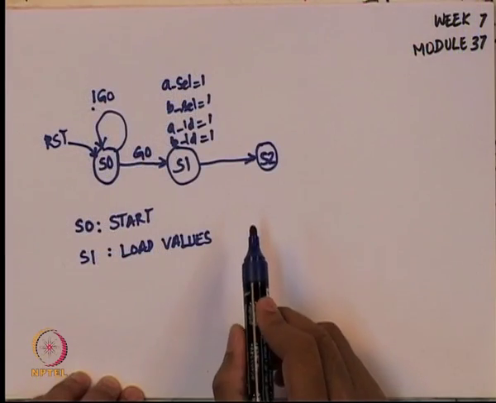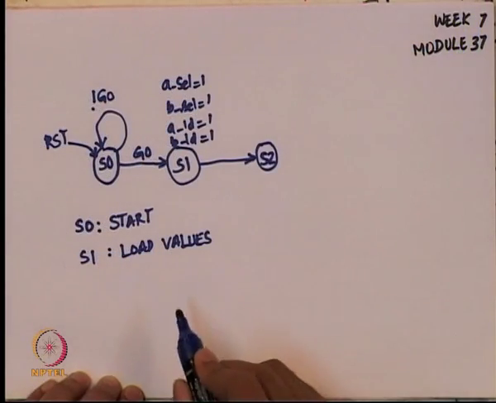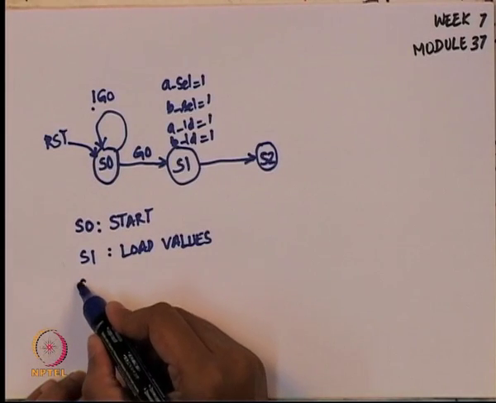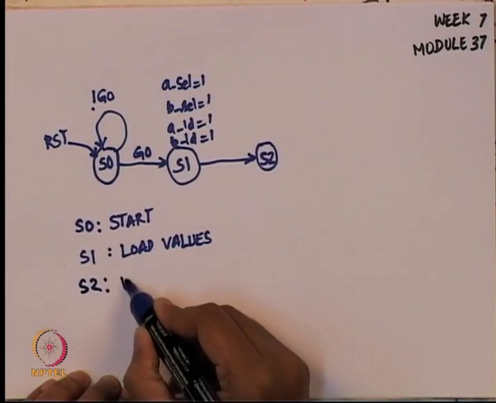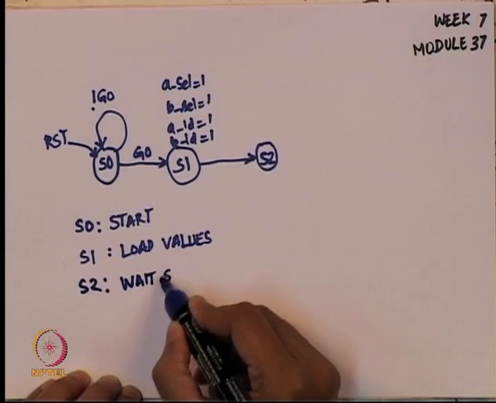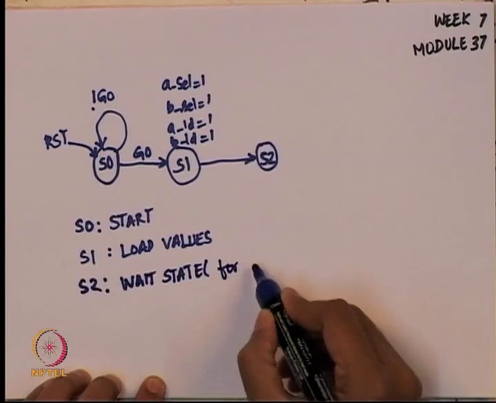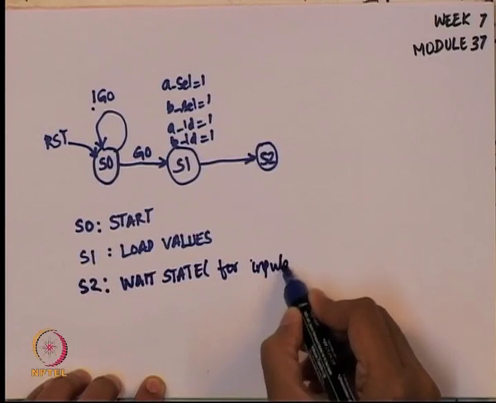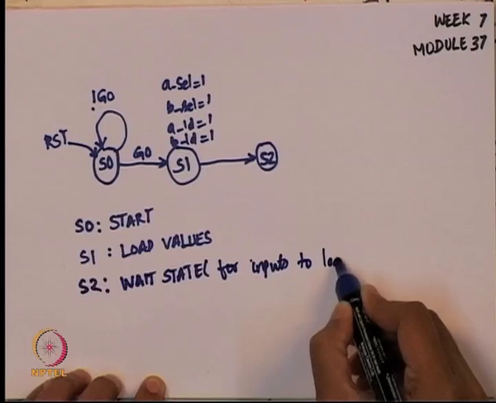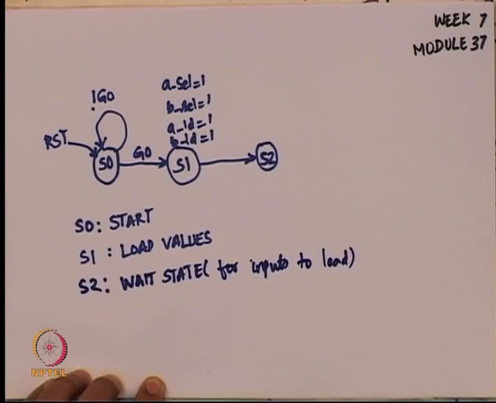So, in this one cycle, what I am going to do is wait for the inputs to come. So, S2 is supposed to be a wait state, and in this wait state I am going to wait for the inputs to load.